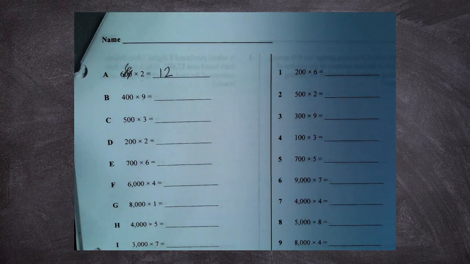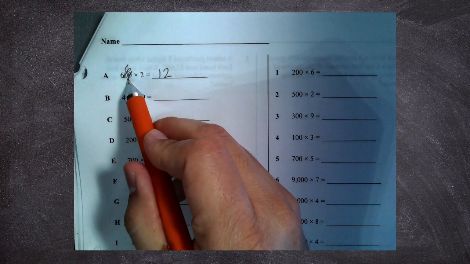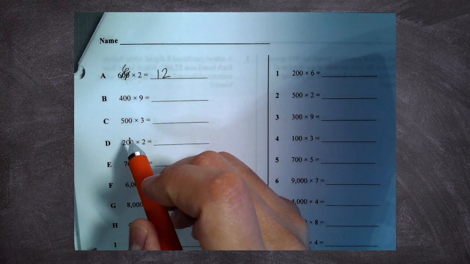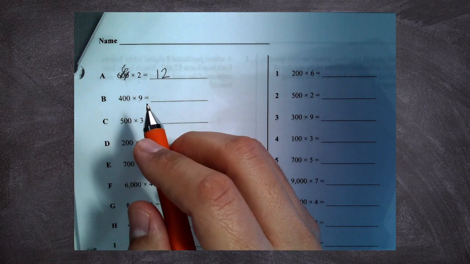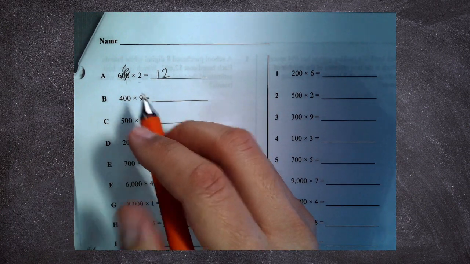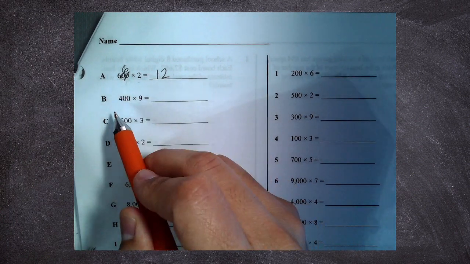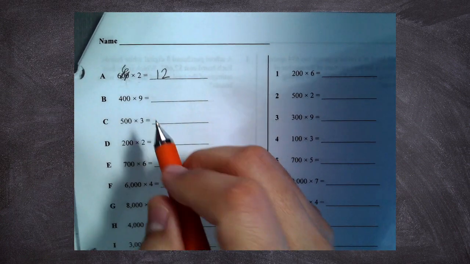But my answer is not just 12. 600 times 2 is not 12. What I have to remember is earlier, I took away 2 zeros, didn't I? What I have to do now is give those zeros back. And if I took away 2 zeros, I need to give back 2 zeros. It has to be the same number.